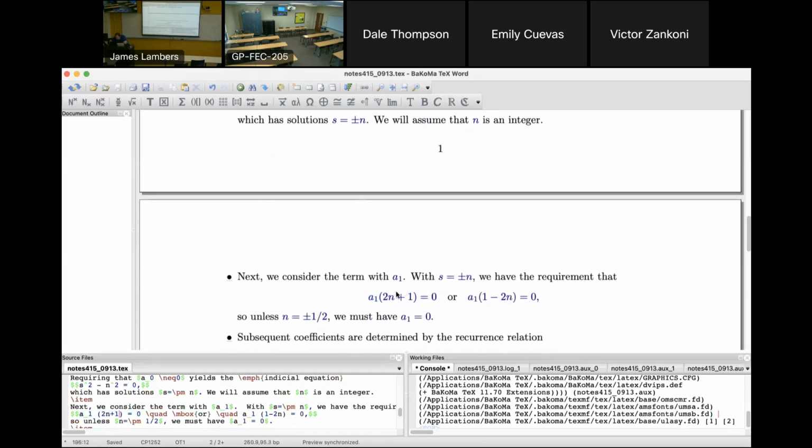But the only way that these can be 0 is either a1 is 0, or n is equal to plus or minus n. But we're working on the assumption that n is an integer, so that's not going to happen. So a1 is going to be 0.